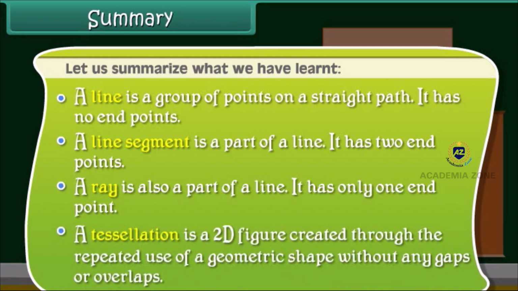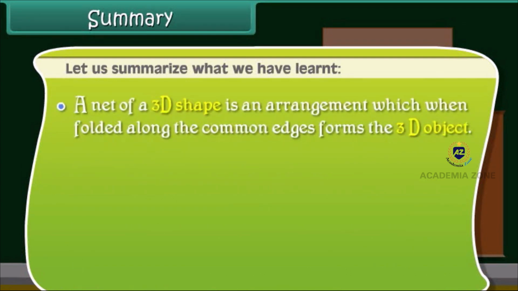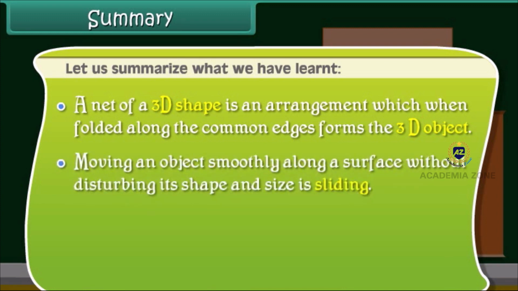A tessellation is a 2D figure created through the repeated use of a geometric shape without any gaps or overlaps. A net of a 3D shape is an arrangement which, when folded along the common edges, forms the 3D object. Moving an object smoothly along a surface without disturbing its shape and size is sliding.